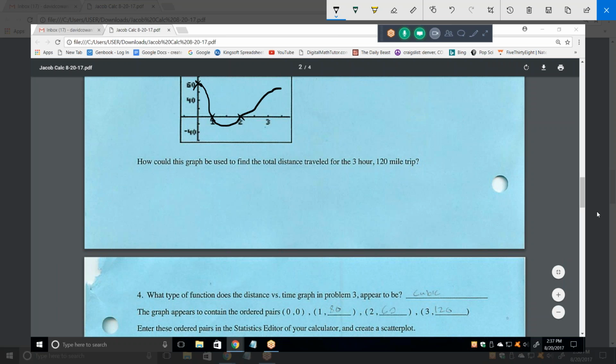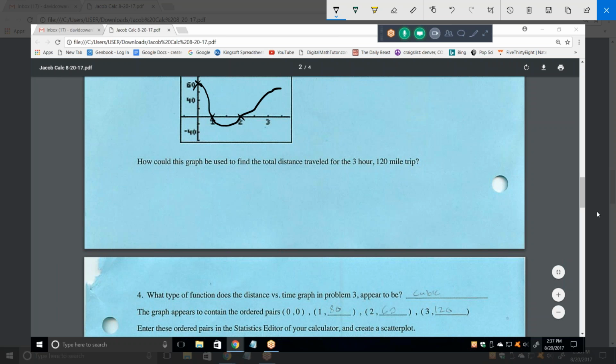Wow. Hate the way they're teaching calculus. Hate it. This is a question you should be getting 3 months from now, not now. The answer to this is the area under the curve.